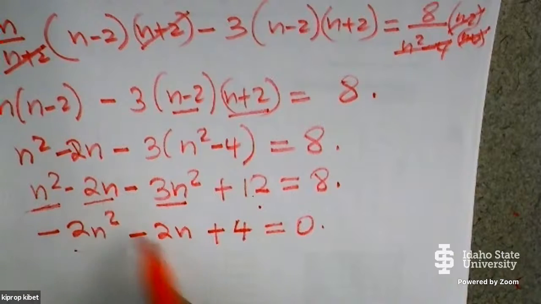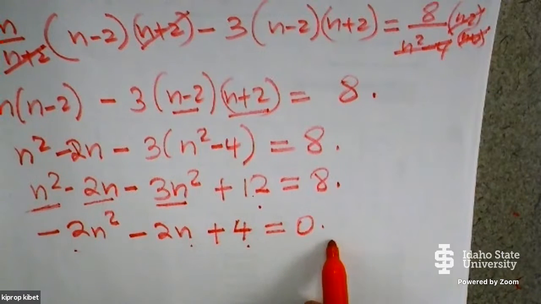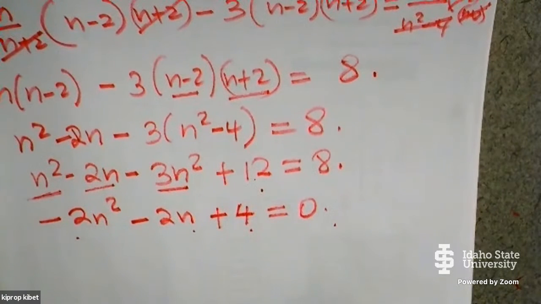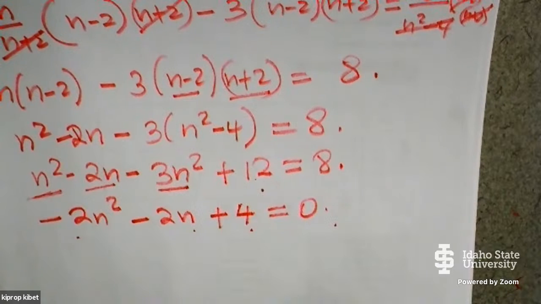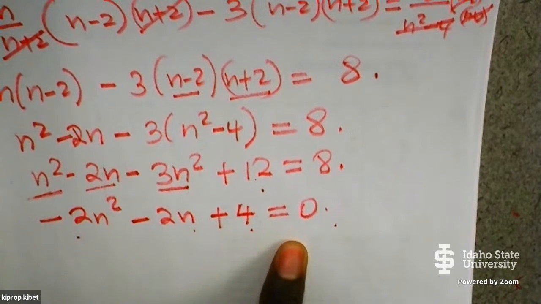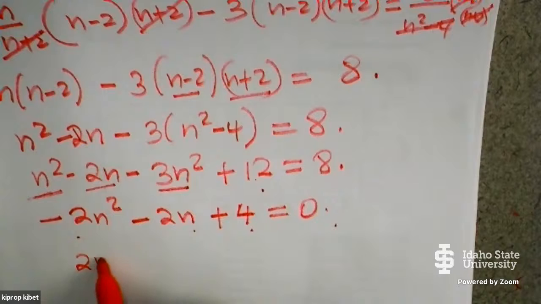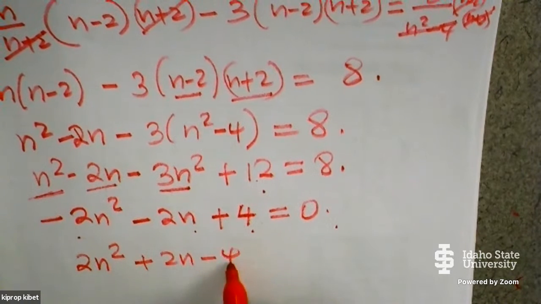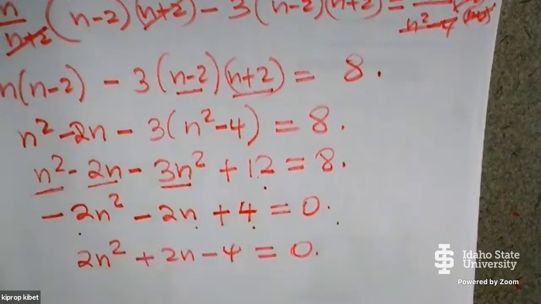Then these two here and this 4 here. So you can multiply by the negative there. So you multiply by the negative all over here, so you get 2n squared plus 2n minus 4 equals to 0.